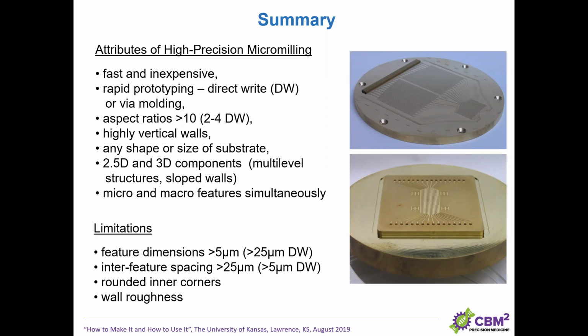As long as it fits in your machine, you can structure it. You can do 2.5D or 3D components, which gives you a chance to make multi-level structures and sloped walls. And in the same program and pretty much the same machine run, you can do both micro and macro features simultaneously.